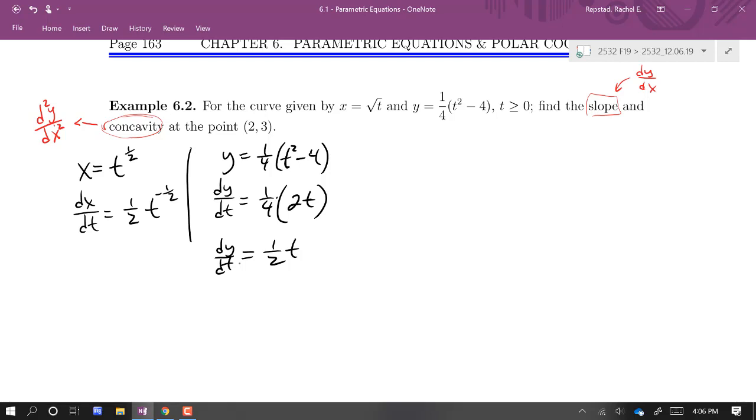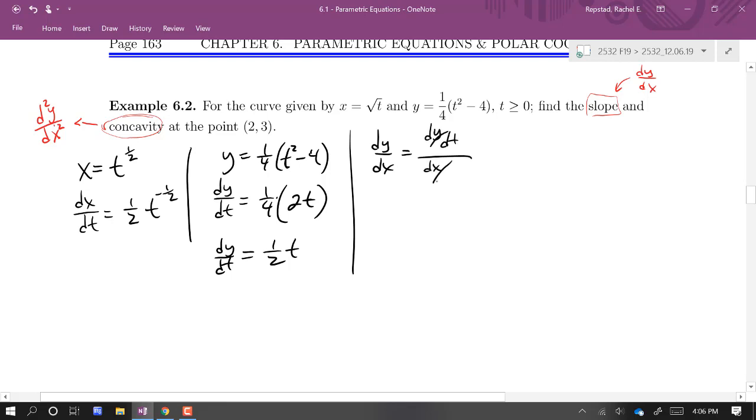So we have the pieces we need to get dy/dx. Right, dy/dx is dy/dt divided by dx/dt. So that's 1/2 t on top over 1/2 t to the minus 1/2 on the bottom.